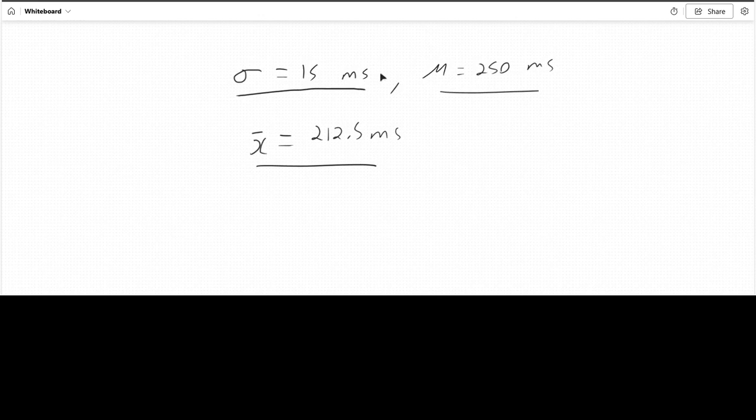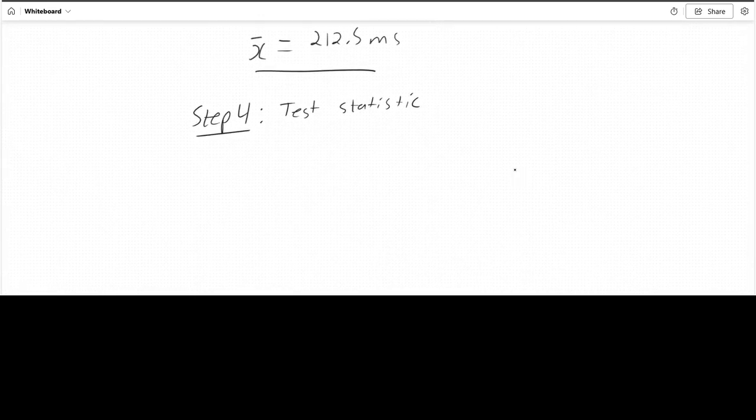Okay. So now, continuing on, we can reach step 4 in this version, which, if you recall, is finding the test statistic. Okay. Now, I already explained what that was in the last video.